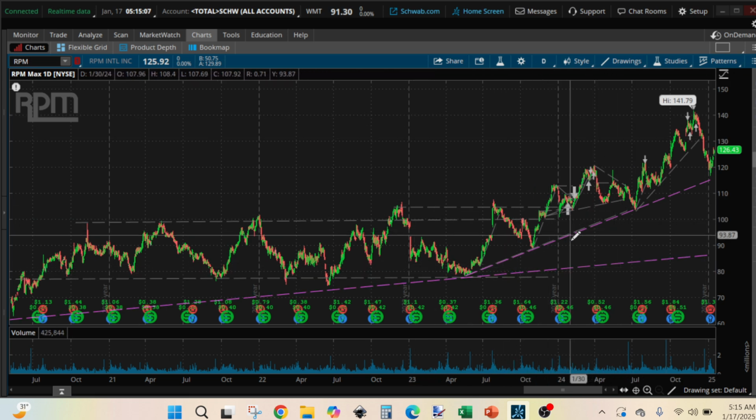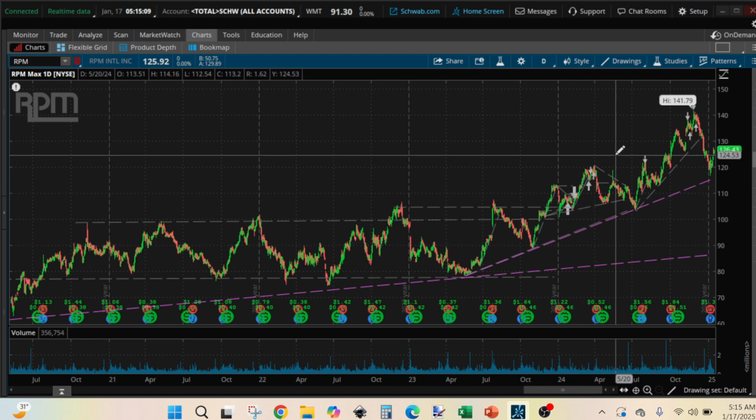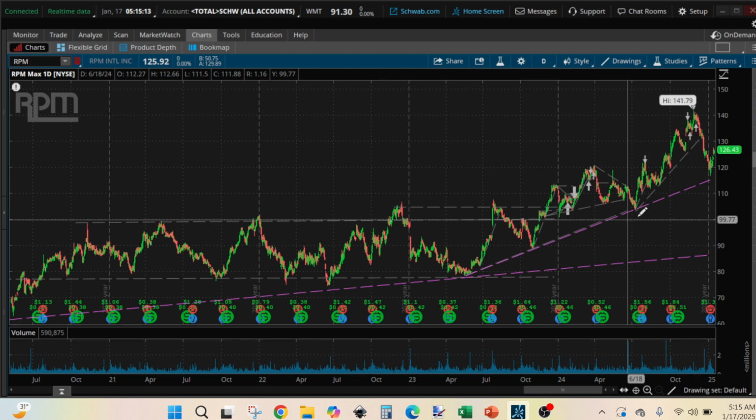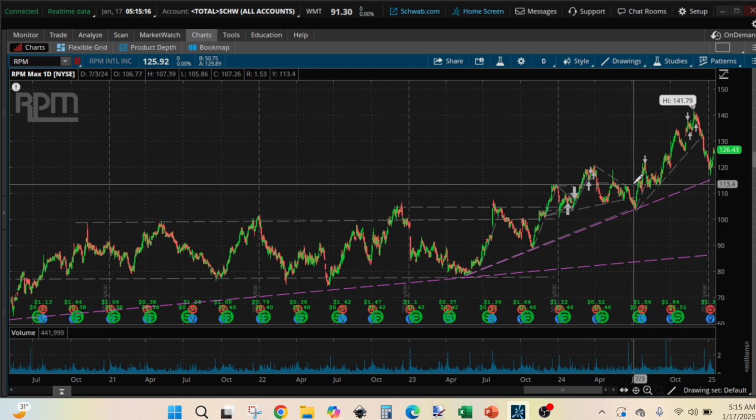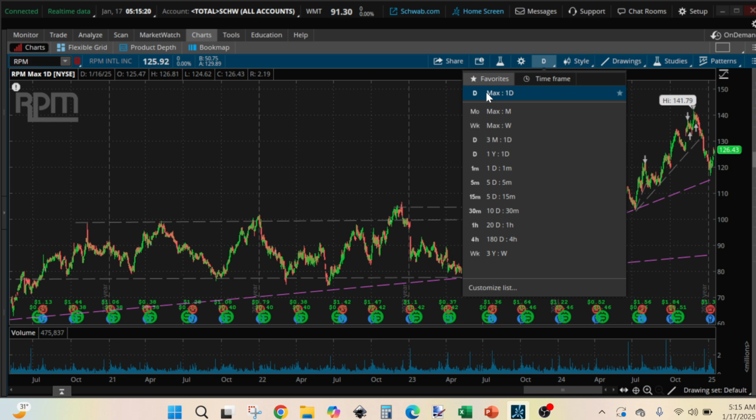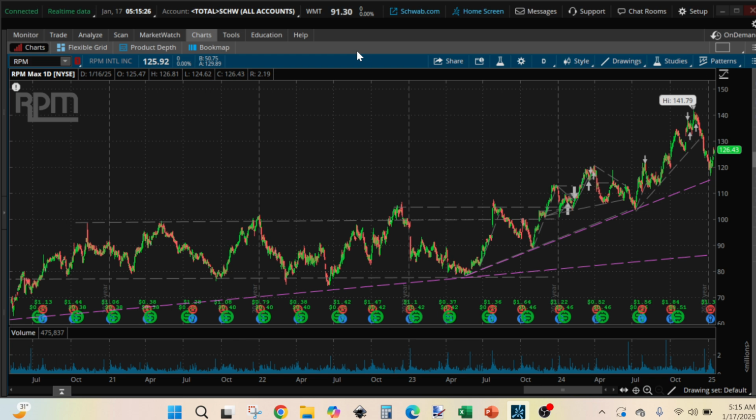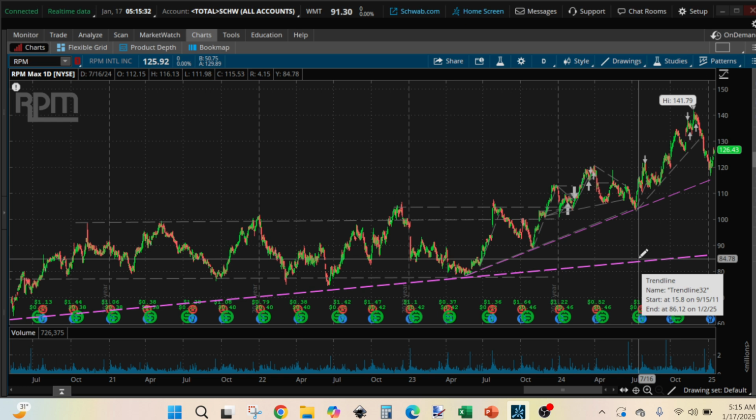Let's go through our terminology a little bit. As a swing trader or position trader, we are going to use the daily chart. It could be the 1 year daily chart or the maximum daily chart, but we are going to use the maximum daily chart, because to trace long trend lines, those trend lines tend to be very low.